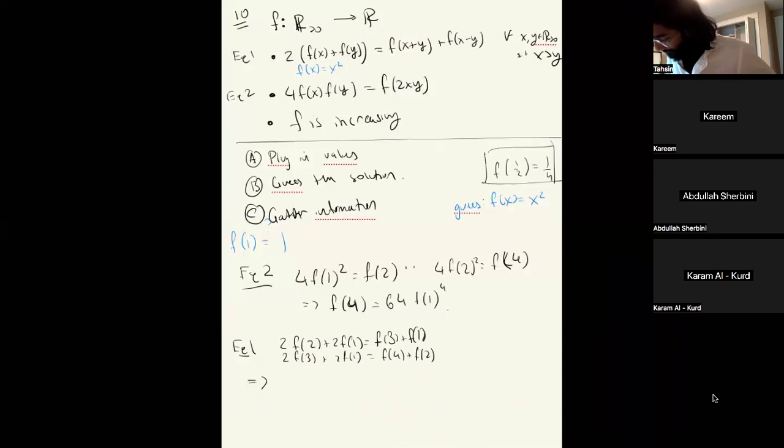So this will give us f of 4 equals 2f of 1 minus f of 2, which is 4f of 1 squared, plus 2f of 3, which is 2f of 1 plus 2f of 2.